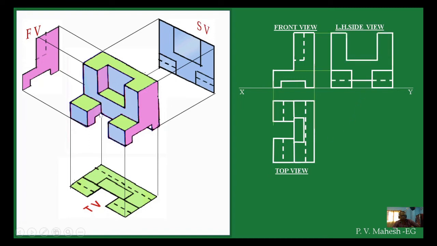So this U shape, why these hidden lines, you have to understand. This edge is visible, but from this corner to this end, there is an edge which is behind this face, which is not visible. That's why we have drawn these hidden lines. Okay, next, this rectangle will be visible.